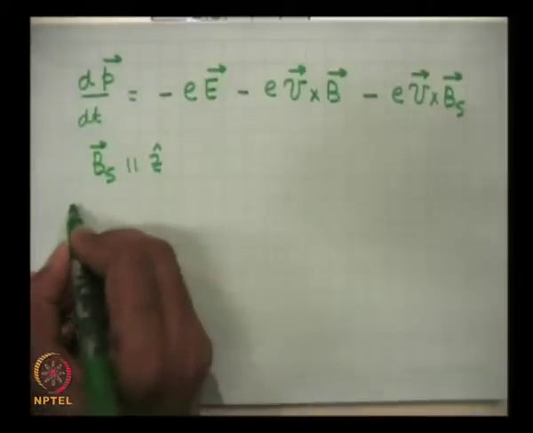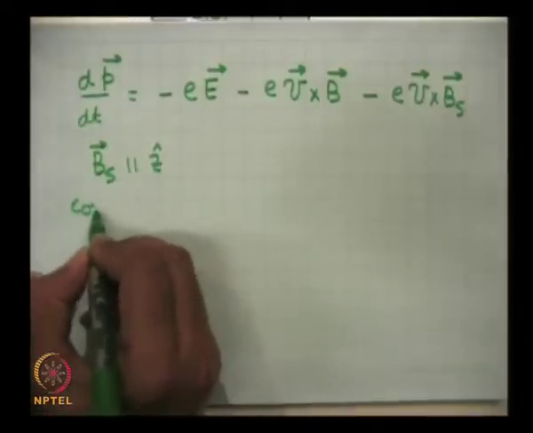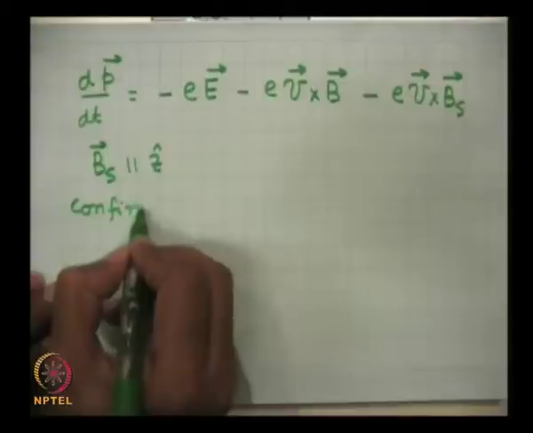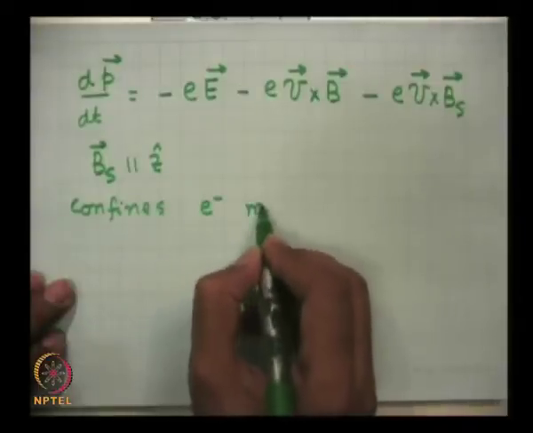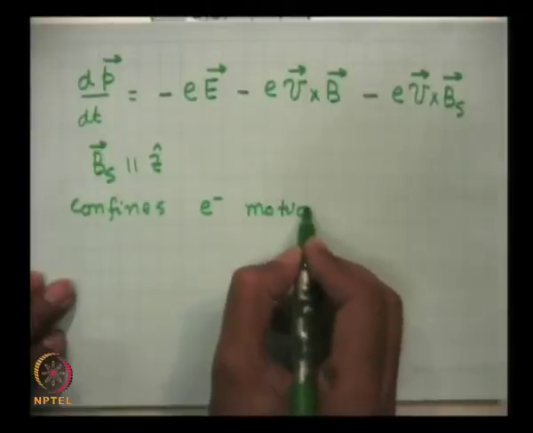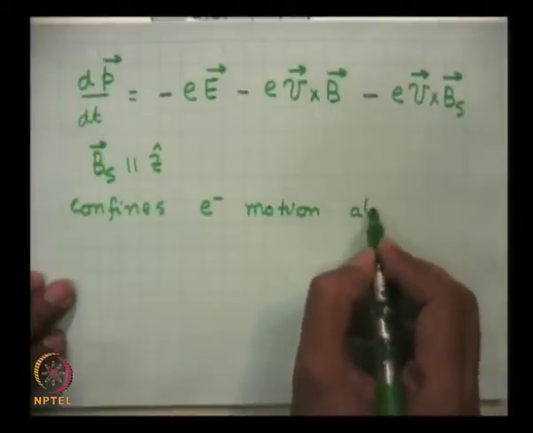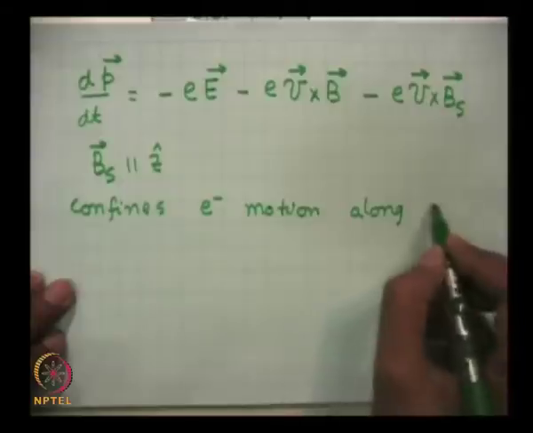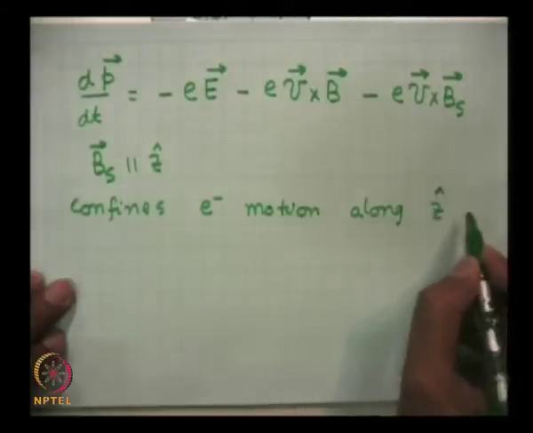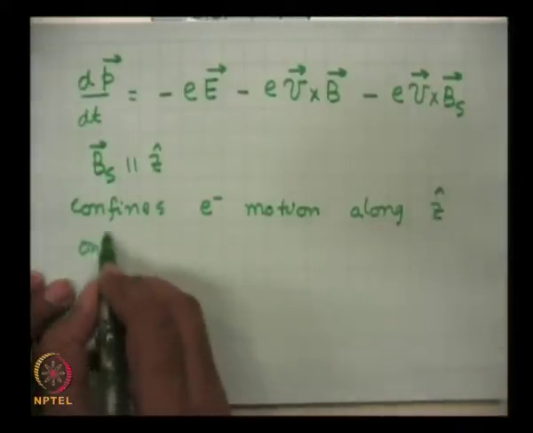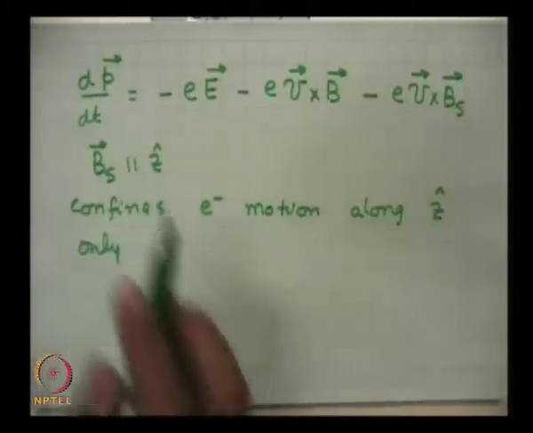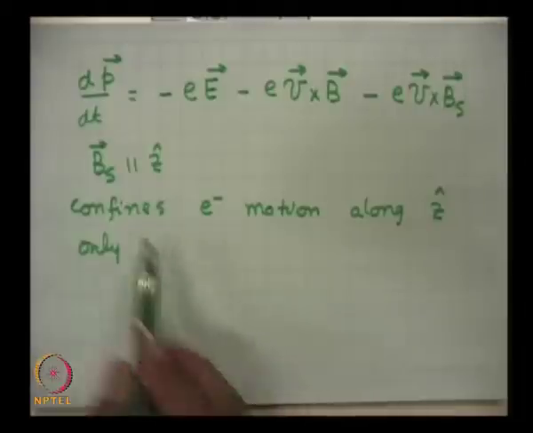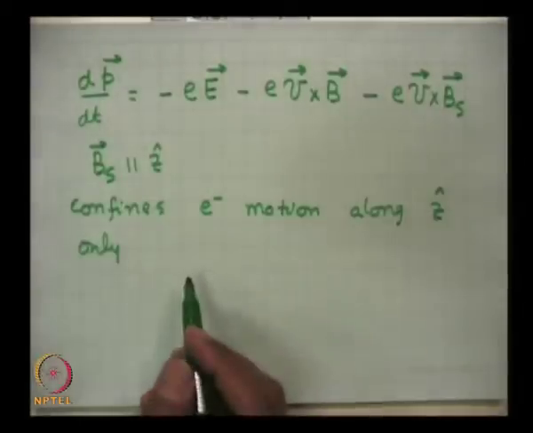So, this magnetic field confines electron motion along z only. So, I do not have to worry about the x component of momentum or y component of momentum, just consider this z component of the equation of motion.